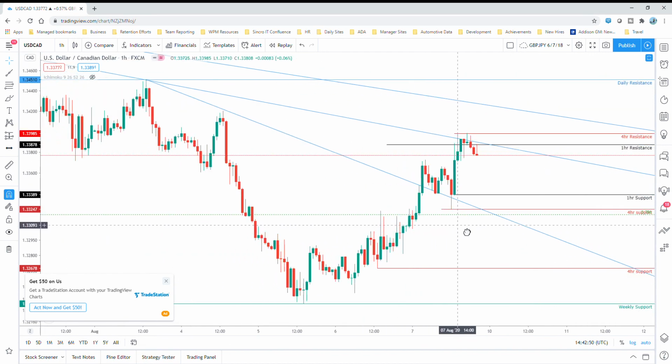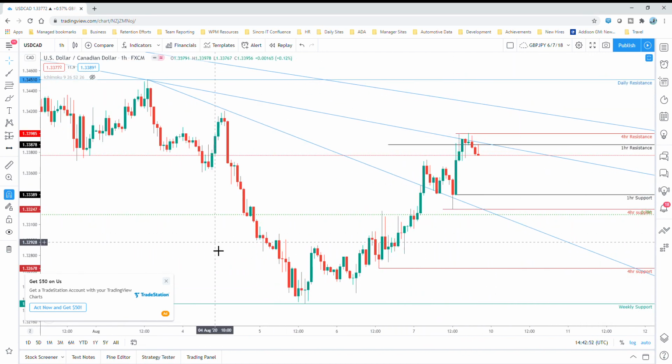So what we're looking for now, right? We drew out our fib that gave us this 78.6 area on the daily. Price pulled back below that and started to move up. So what we can do from here is draw out fibs on the lower time frame to give us an understanding of where price is going and what may be a possible entry for us going into next week.